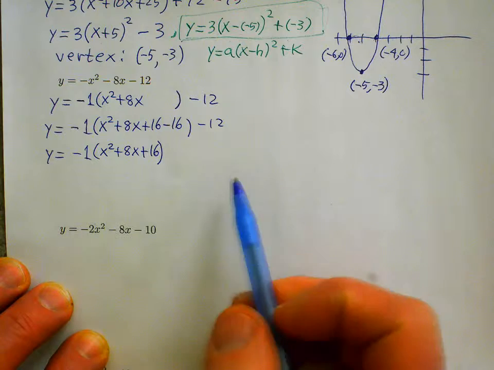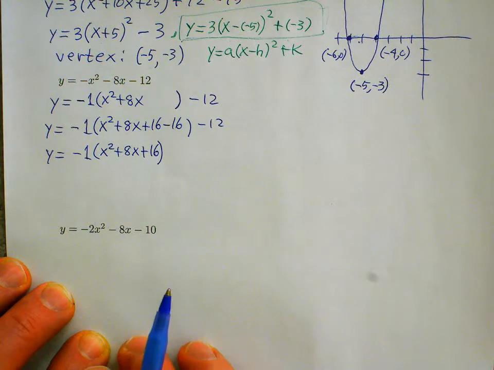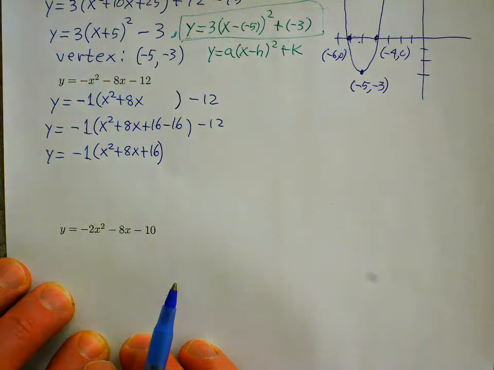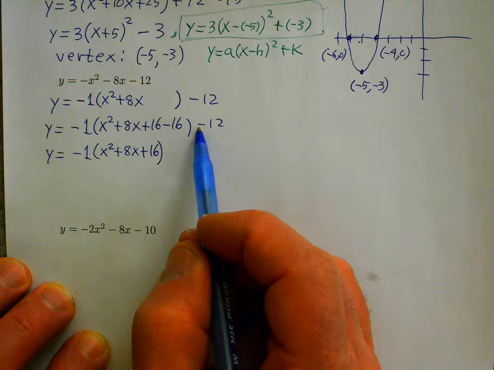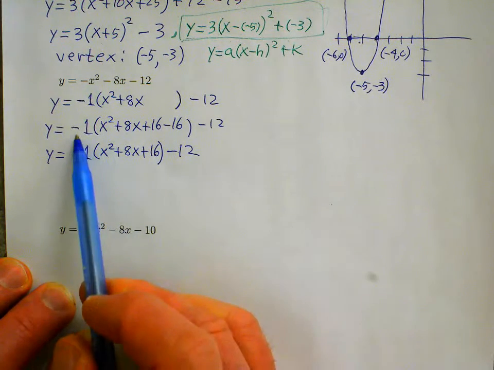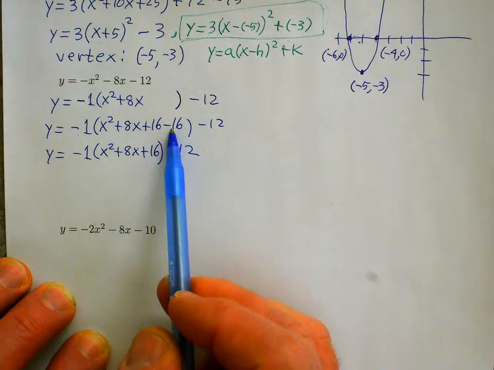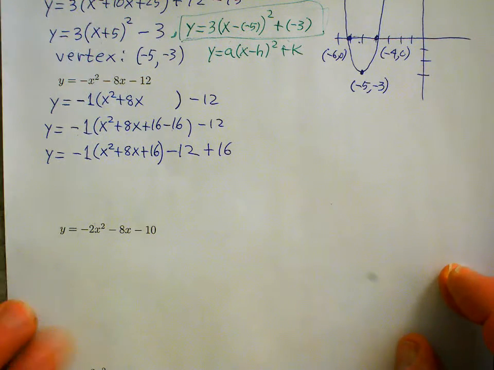And what are we going to put on the outside of the parentheses? Yeah, we already have a -12, so we'll put the -12, and then -1 times -16 is positive 16, which goes on the outside.